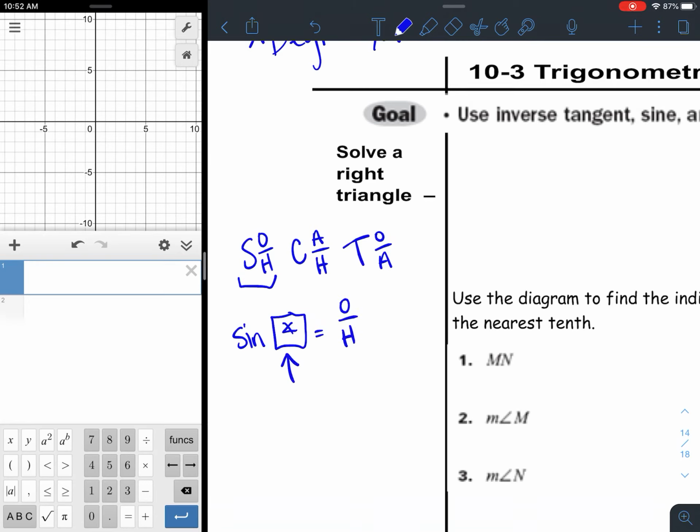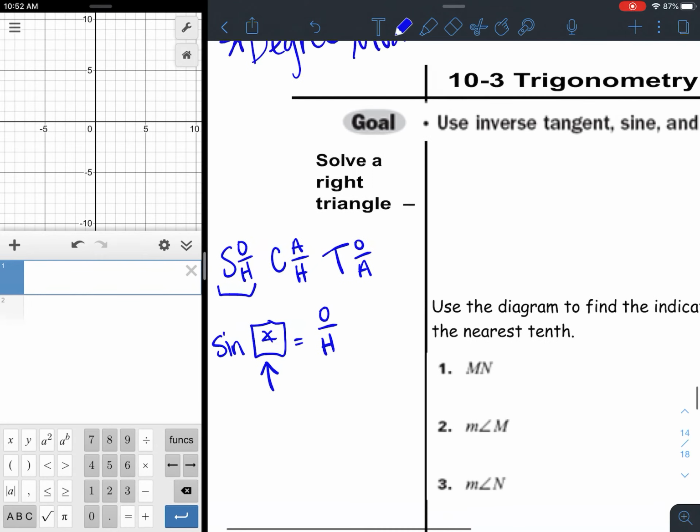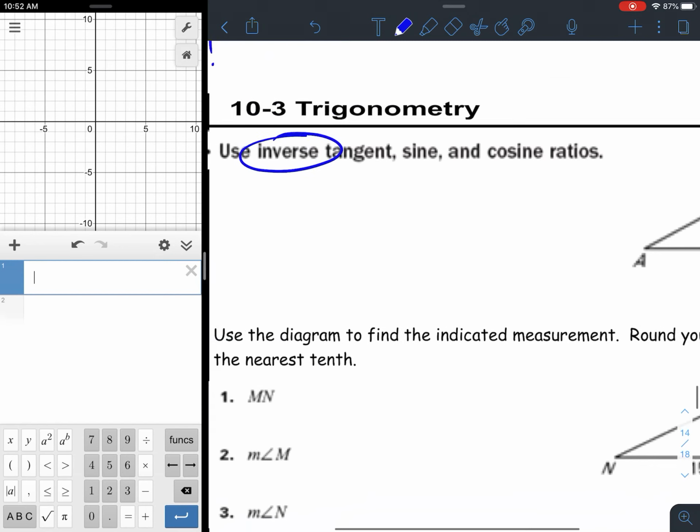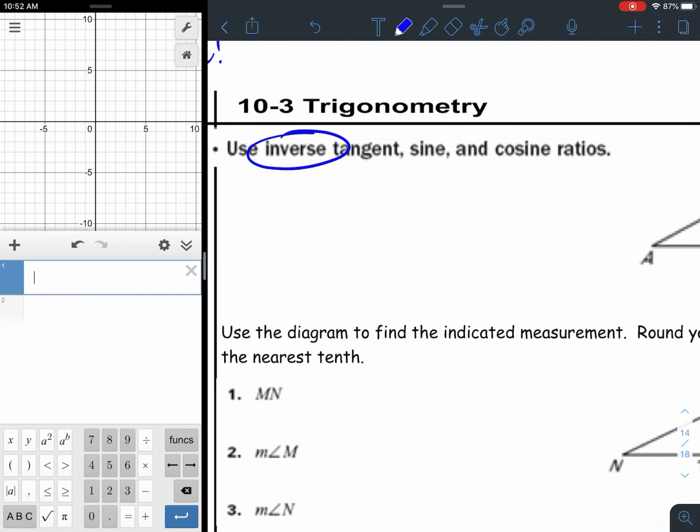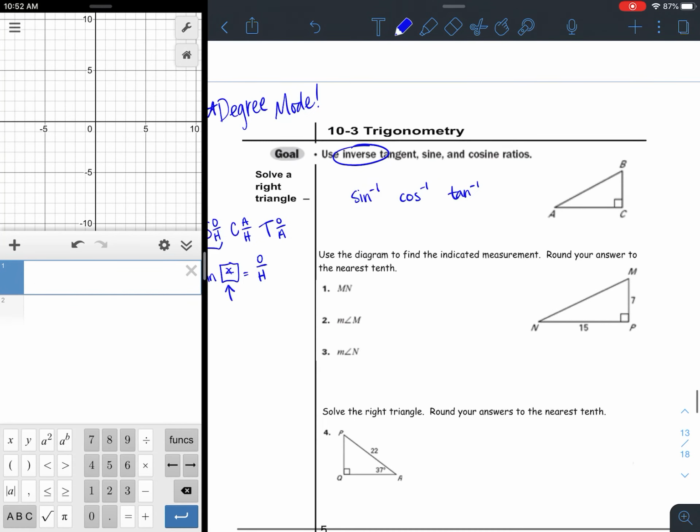Today, we're going to be solving for that angle, and we're going to be using what are called the inverses. So on your calculator, the inverses will appear as sine^-1, cosine^-1, and tangent^-1. We're going to be using those ratios to work backwards, using our sides to find our angles.